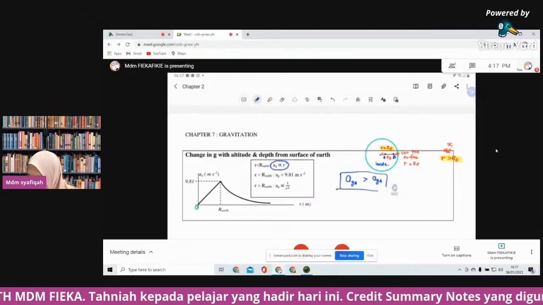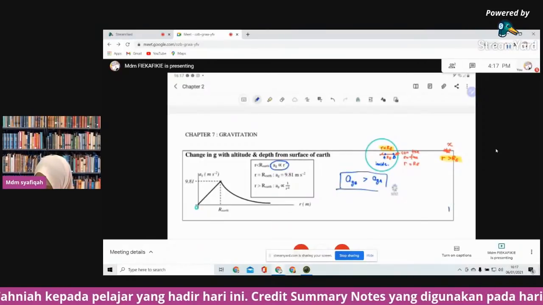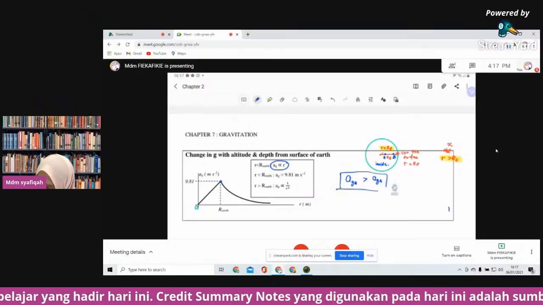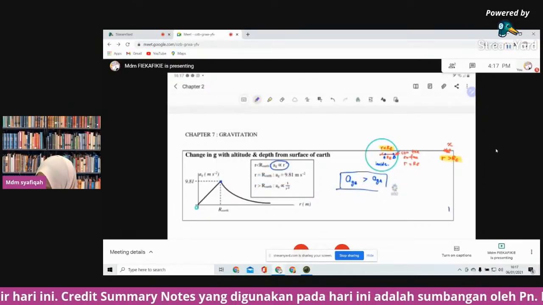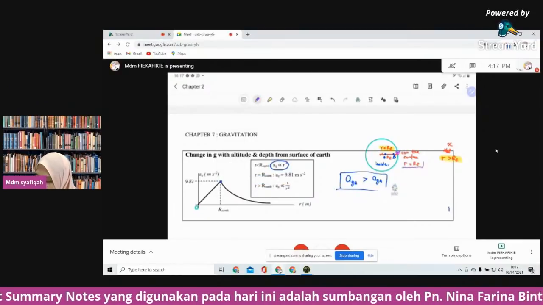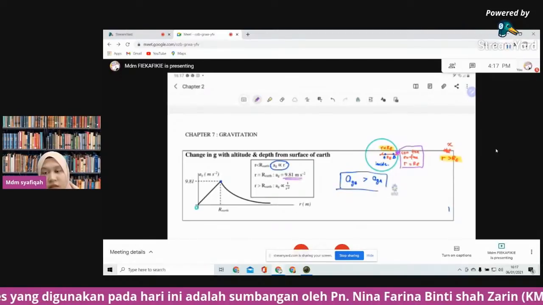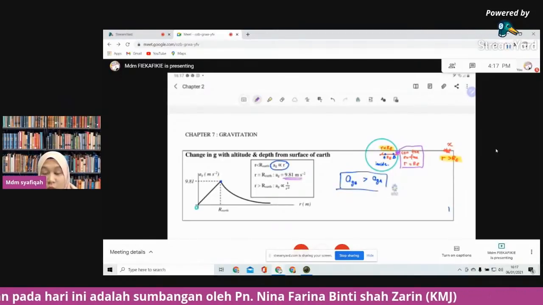But on the surface, we change to purple. The purple one is on the surface. When R is equal to RE, the gravitational field strength is 9.81.